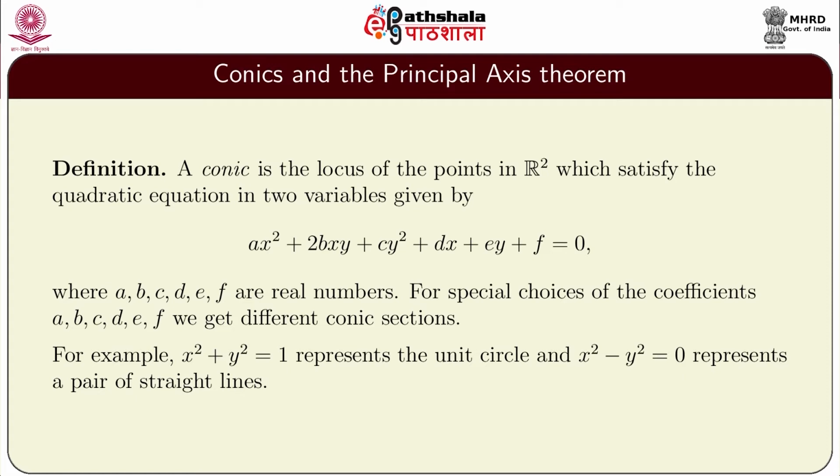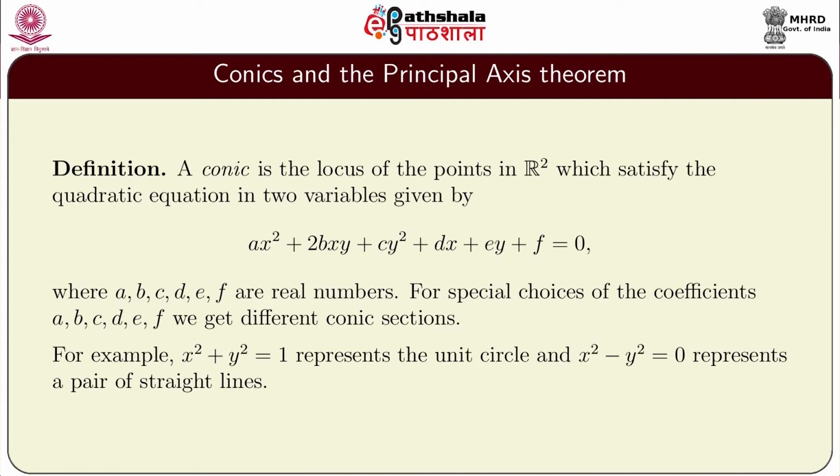The definition is the following: a conic is the locus of the points in the real plane R2 which satisfy the quadratic equation in two variables given by ax square plus 2bxy plus cy square plus dx plus ey plus f is equal to 0, where a, b, c, d, e, f are real numbers or coefficients.